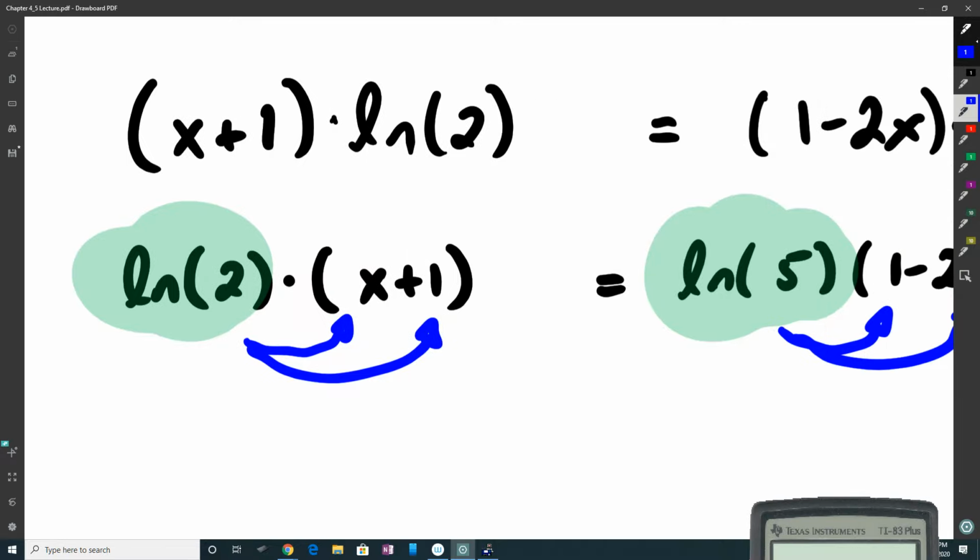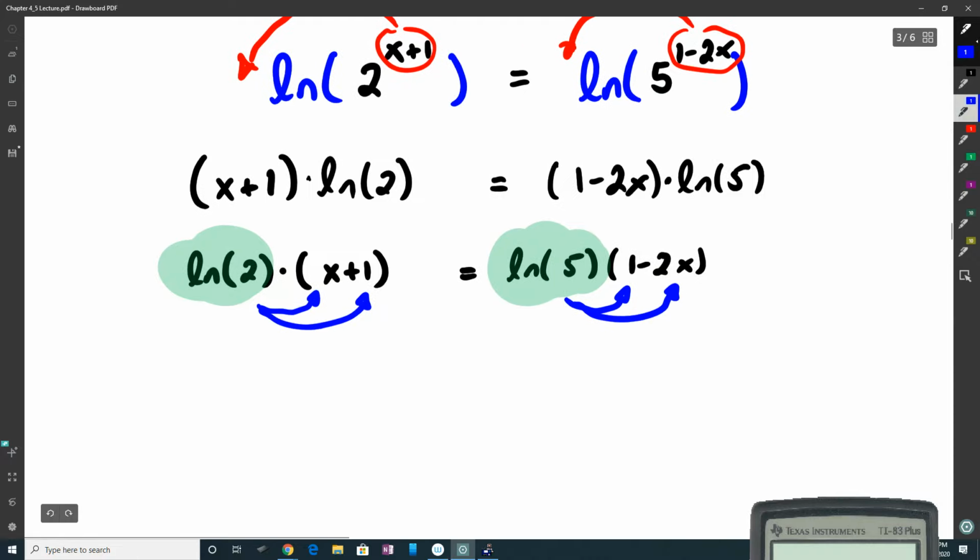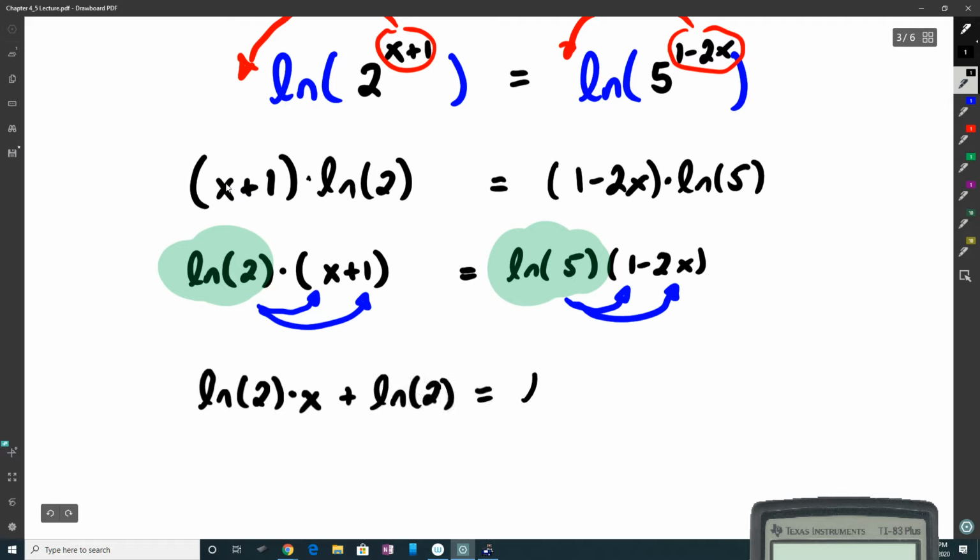The ln of 2 distributes to the x plus 1. So what you get is ln of 2. Now they don't mix, so it's just ln of 2 times x. ln of 2 times 1 is ln of 2. ln of 5. Again, the 2x and the ln of 5 don't mix. So it's just ln of 5 times 2x.